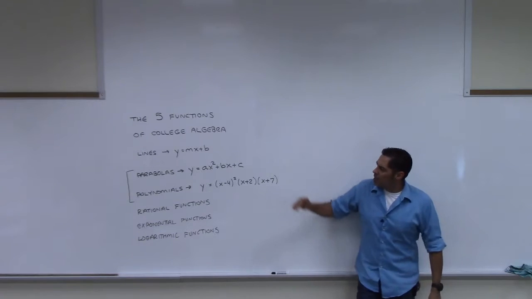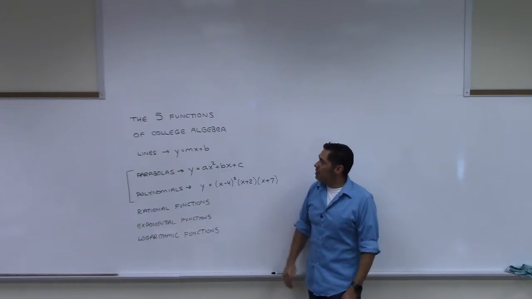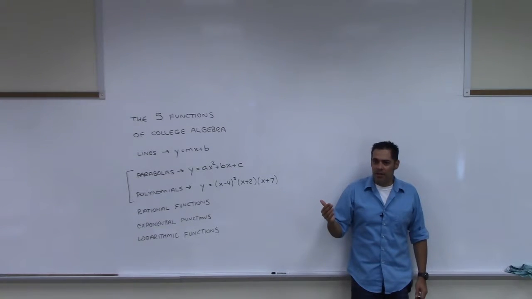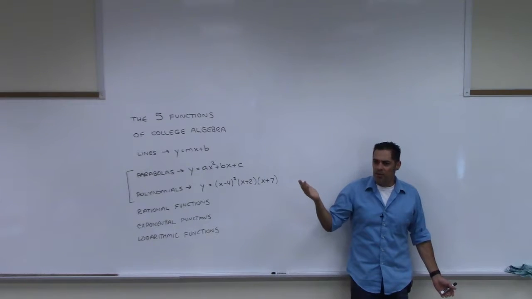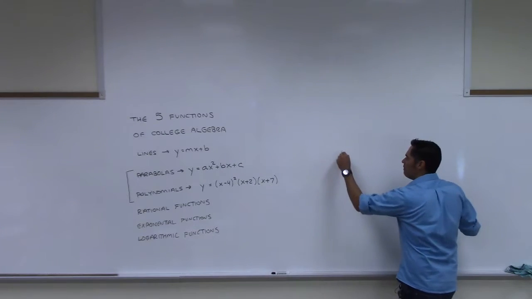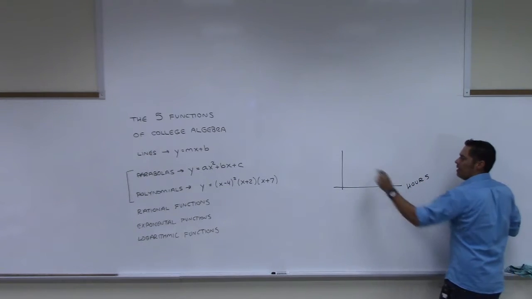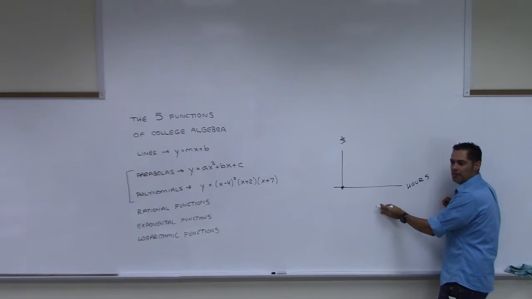Okay, so lines come up in the real world. I can make a very simple example. Does anybody here have a job where you get paid hourly? Okay, your pay is a linear function, right? If you were to graph the hours you work and the money you make, if you work 0 hours, you get 0 pay, right?